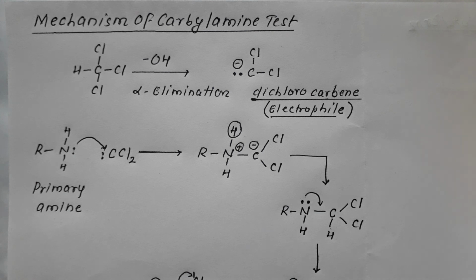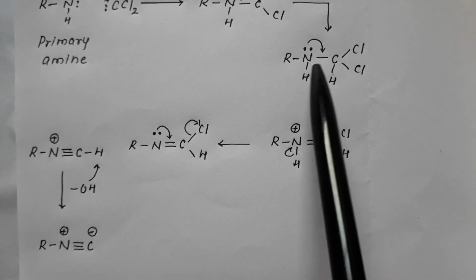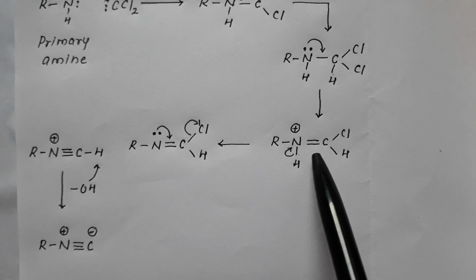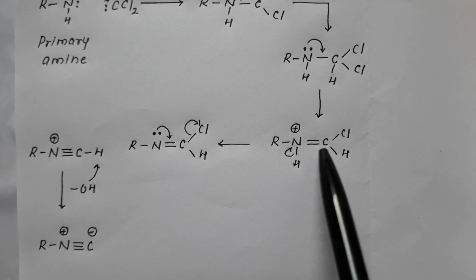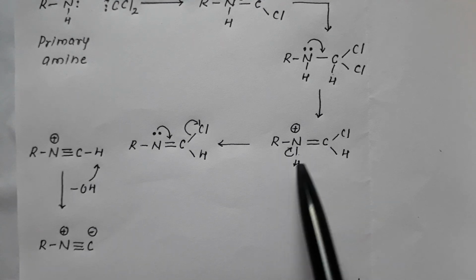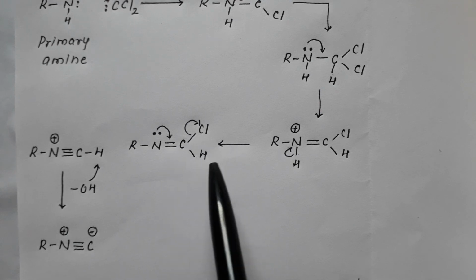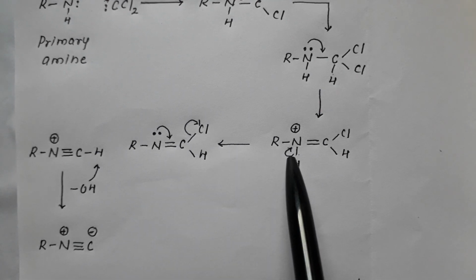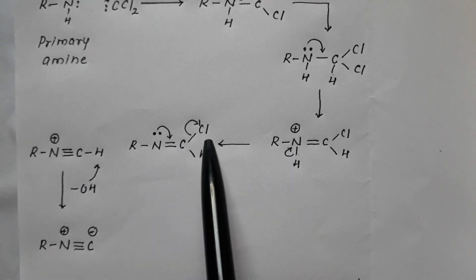Let me elaborate. So what happens? From this species, the lone pair present on nitrogen gets shifted in between carbon and nitrogen, resulting in formation of a double bond. So it results in formation of RNH double bond CHCl. Then a hydrogen is removed and this molecule converts into RN double bond CHCl.